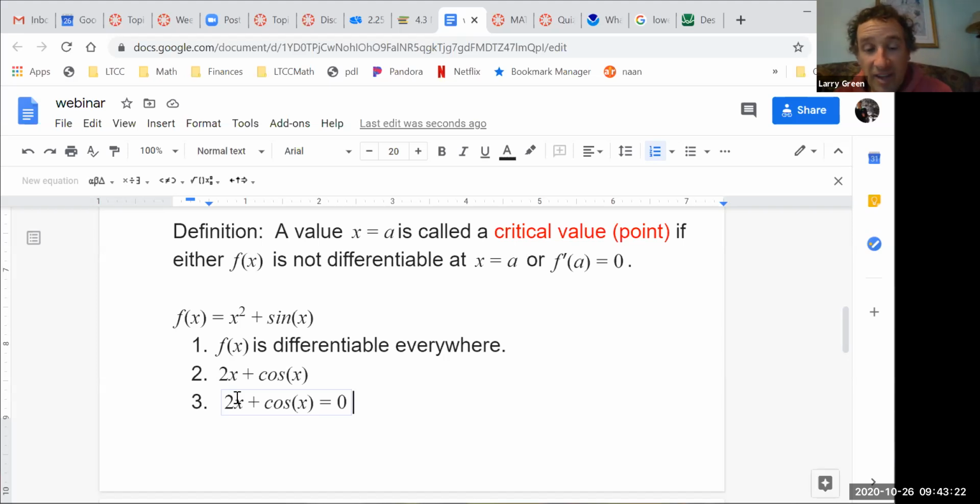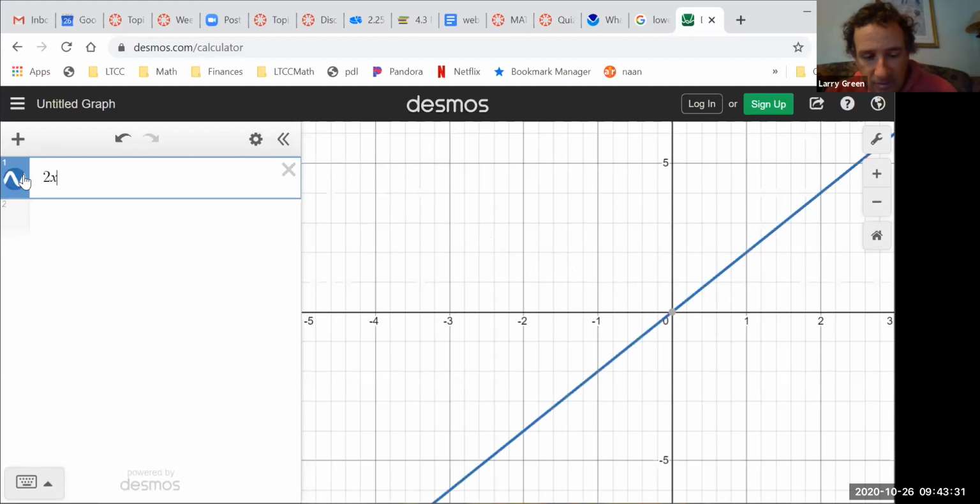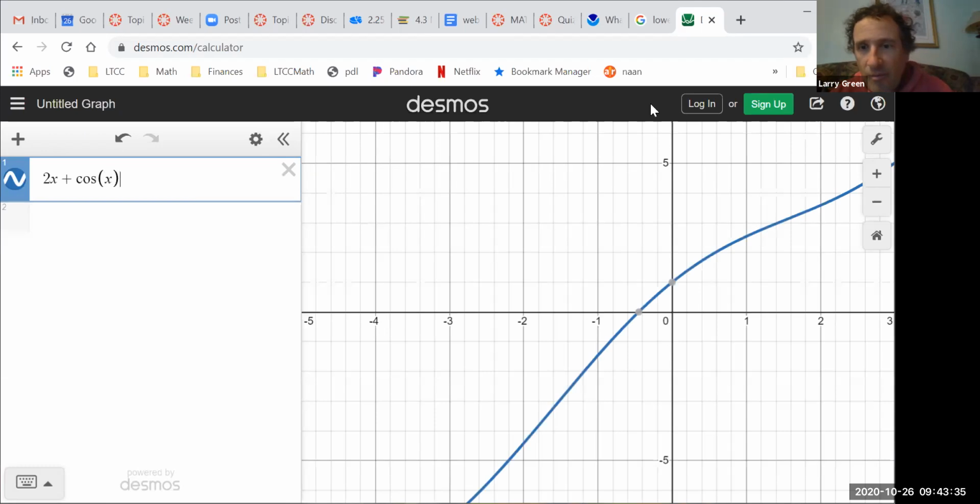Okay. This does have an answer, by the way. In fact, if we look at 2x plus cosine x, is it ever equal 0? Yeah, right here.